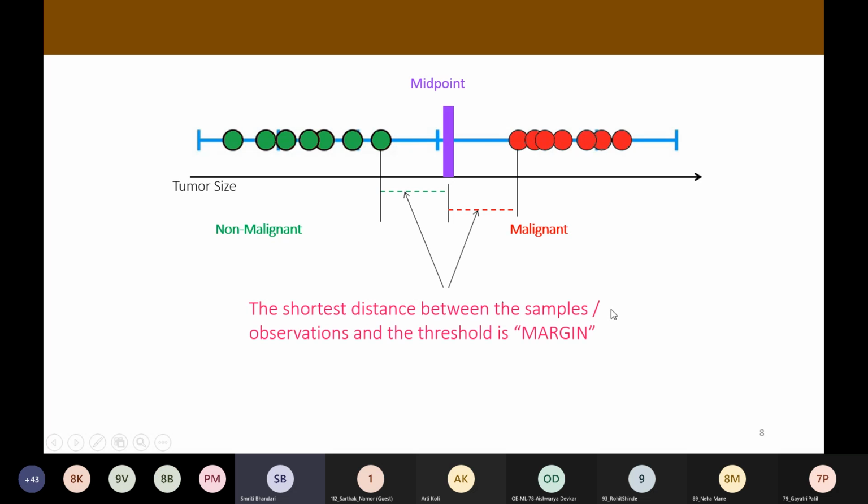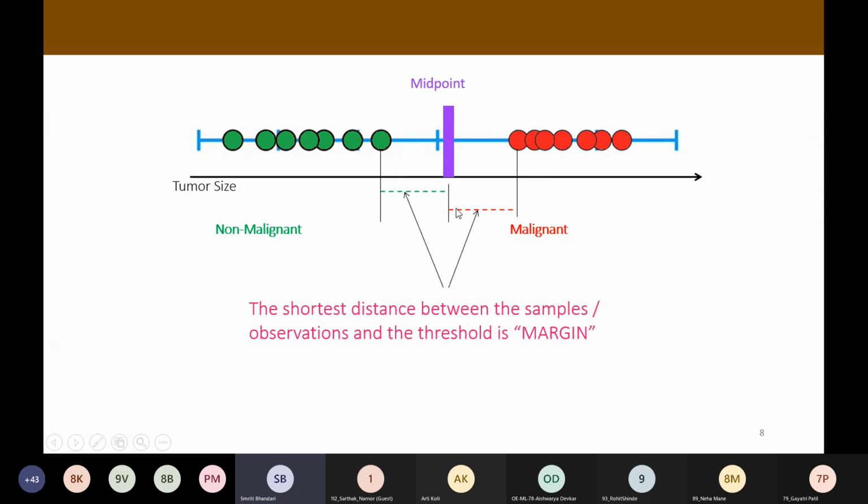These distances are known as the margins. The shortest distance between the samples or observations and the threshold is known as the margin. Both are reflecting the margin.